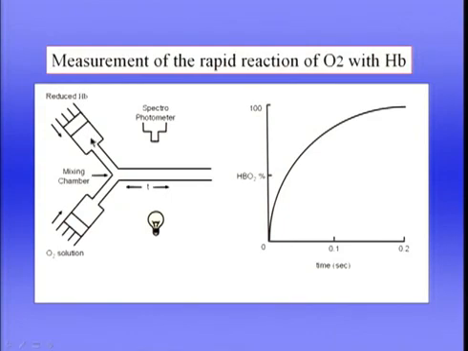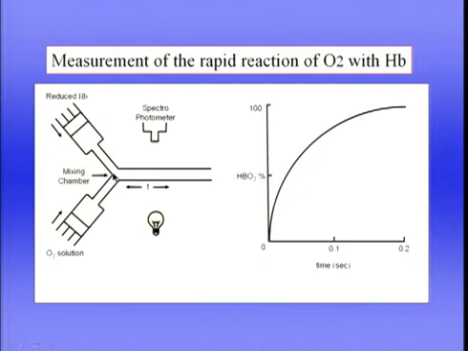One of the syringes contains reduced hemoglobin, and the other contains a solution with a high partial pressure of oxygen. You arrange that both of these are emptied using a piston with a motor, at the same rate, and so the products mix in a mixing chamber here. So you're going to add a high partial pressure of oxygen in solution to reduced hemoglobin.